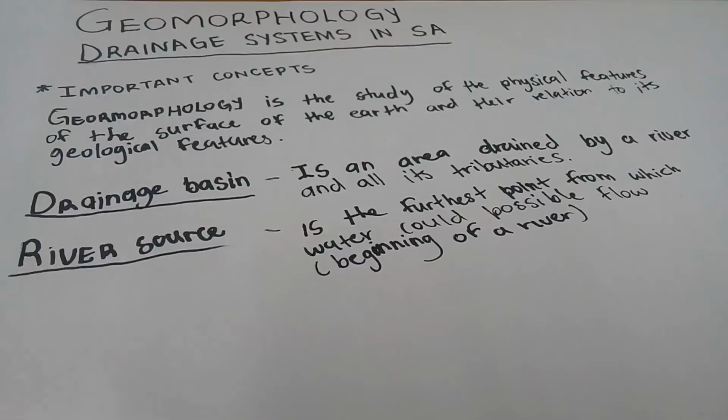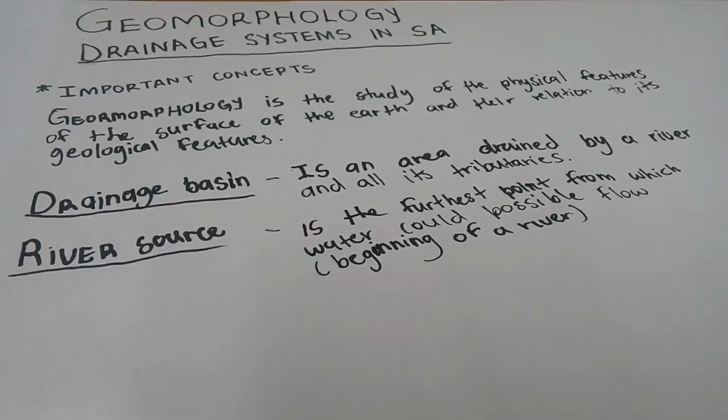As you can see in our diagram, where the river source is, it's in a high-lying area. It can possibly be in landforms such as mountains, high-lying reliefs, and high-lying landforms.